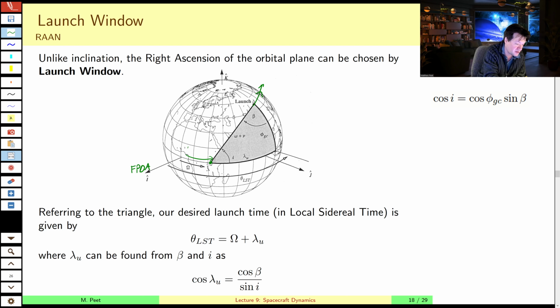I would drop a vertical like that, do the azimuth like that, beta, and then this angle here does correspond to the right ascension of the ascending node. Like I say, this is still the descending node. Okay, so in the northern hemisphere, we have issues with ascending versus descending node.